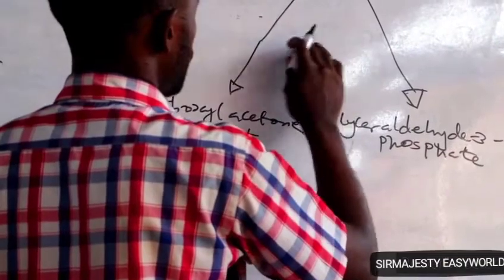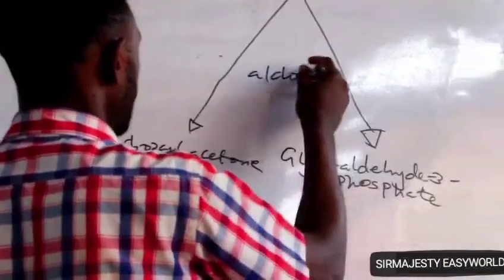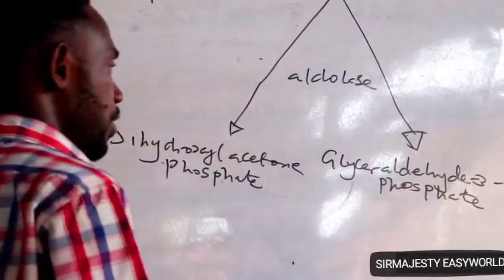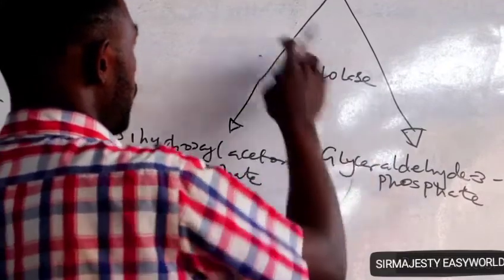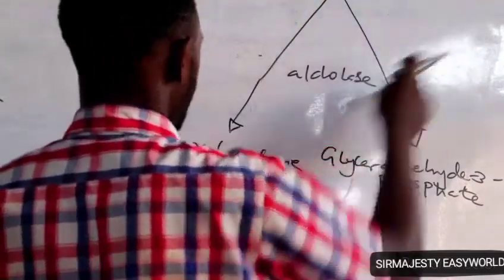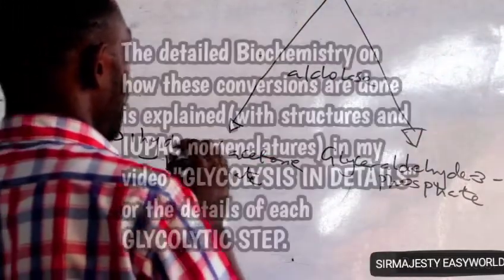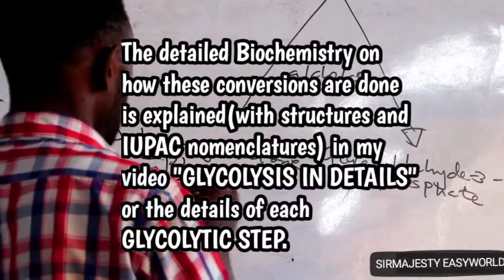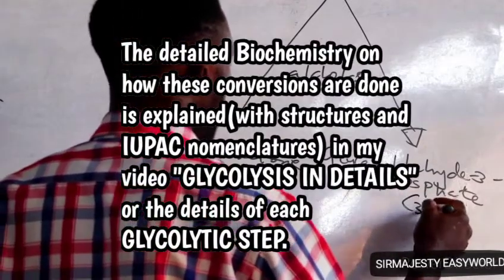The enzyme involved in this splitting is called aldolase. Aldolase is the enzyme involved in the splitting of this fructose 1,6-bisphosphate to two triose compounds. So this is 3 carbon, this is also 3 carbon.